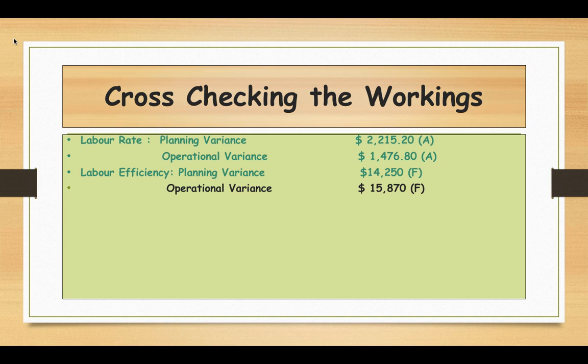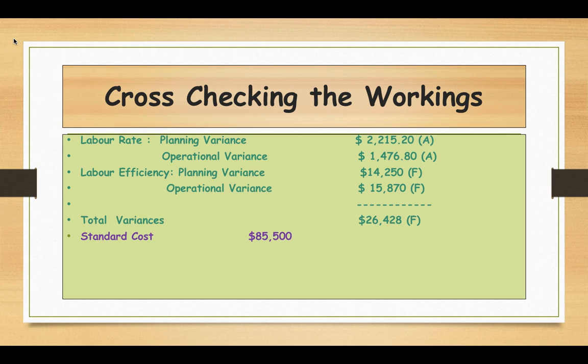These are all we have calculated under method 1. And we are getting a total variance of $26,428 favorable.